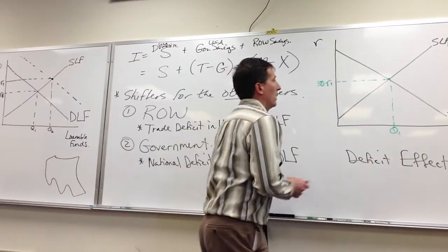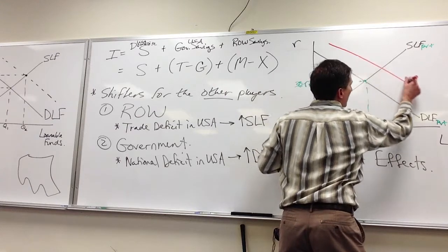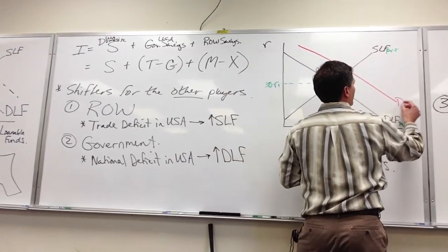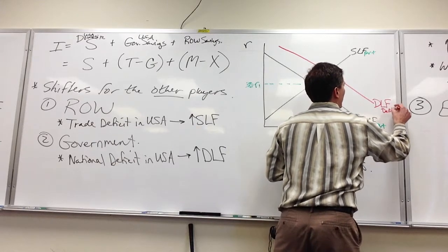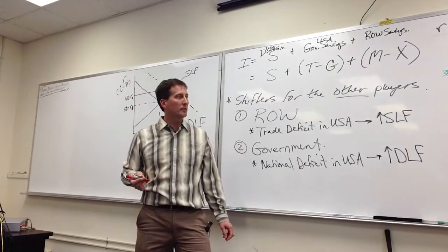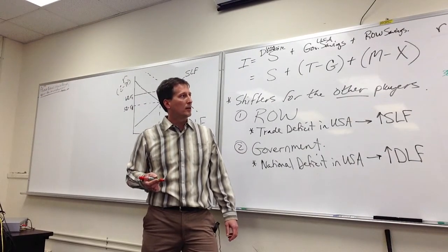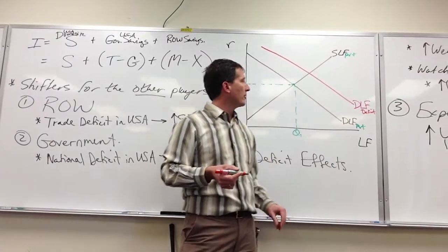So if we draw a new demand curve, let's call this the demand curve with a deficit. So the government's involved in the private market. So we got both the private sector and the government in there.